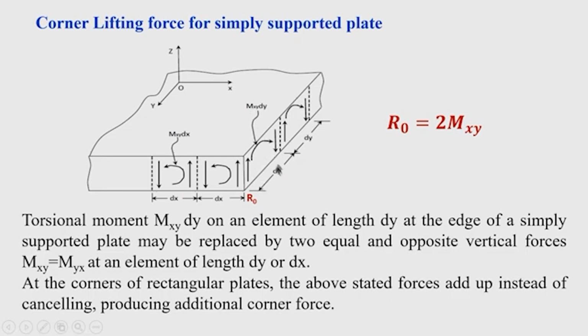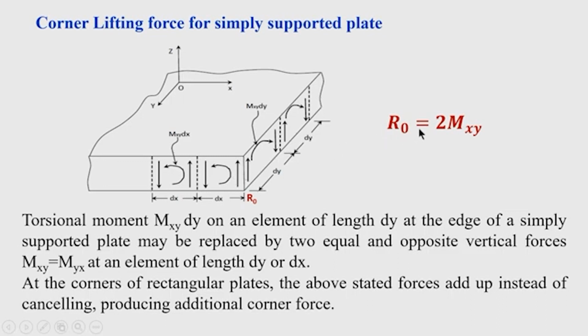So, in the length dy, the total torsional moment Mxy dy can be replaced by two equal and opposite forces Mxy. Similarly, along the adjacent edge, the torsional moment Myx, which is equal to Mxy, into dx will be replaced by two equal and opposite forces Mxy and Mxy, and at the corner these two forces add up and the reaction is R naught.